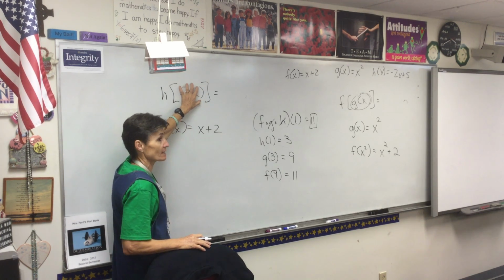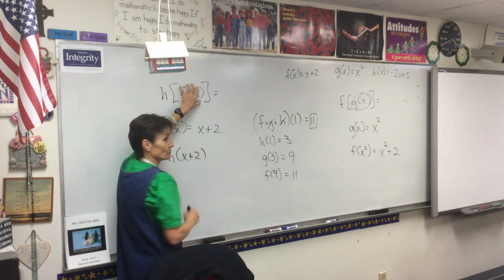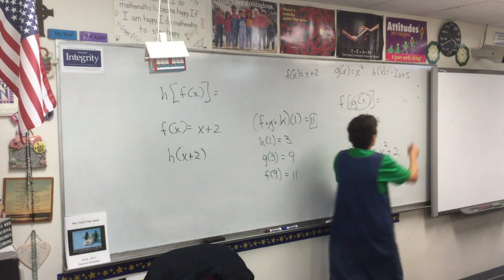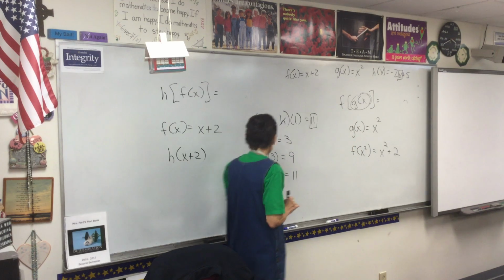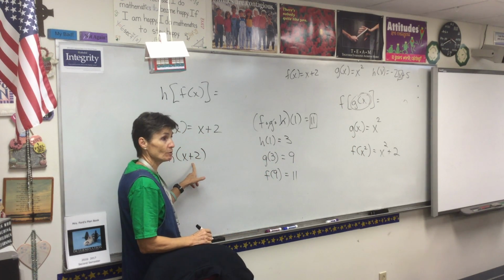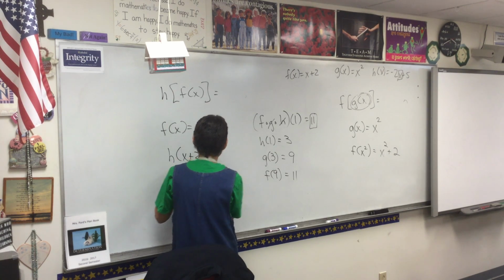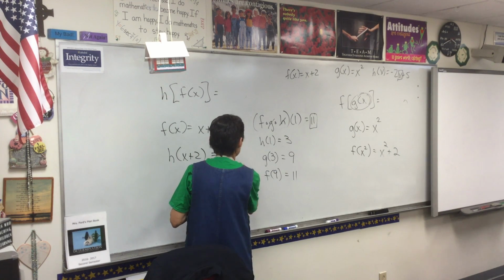Where my hand is, x plus 2. So we're finding h of x plus 2. So we go to our h function, and every time we see an x, we have to put in x plus 2. So we have negative 2 times x plus 2, plus 5.